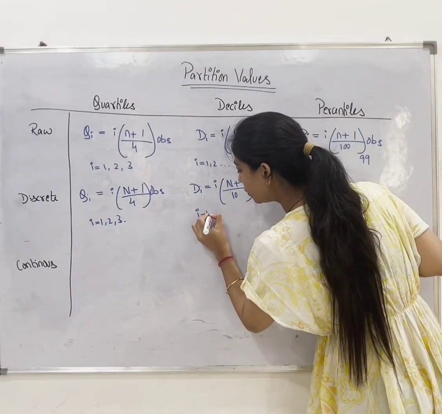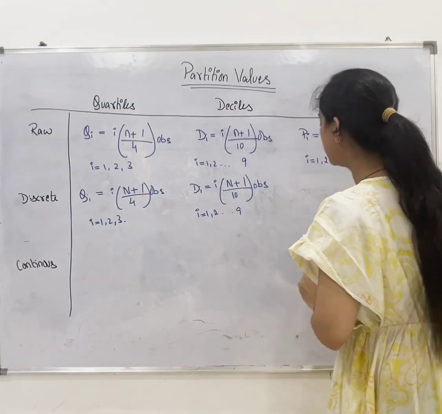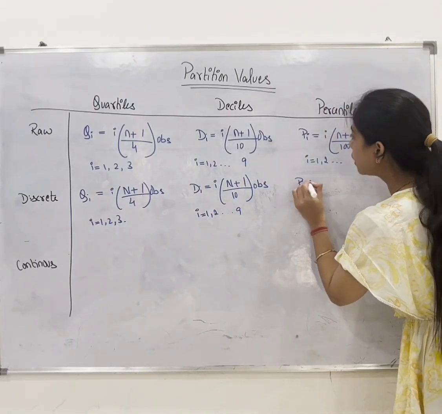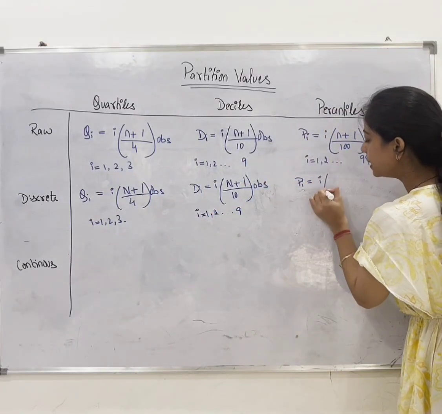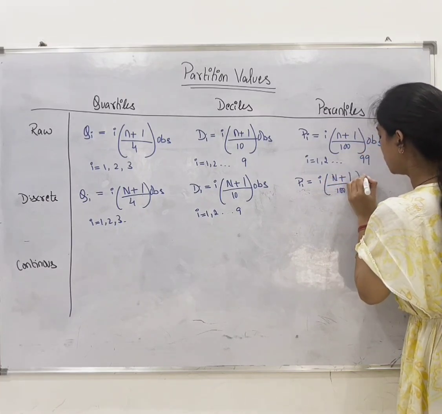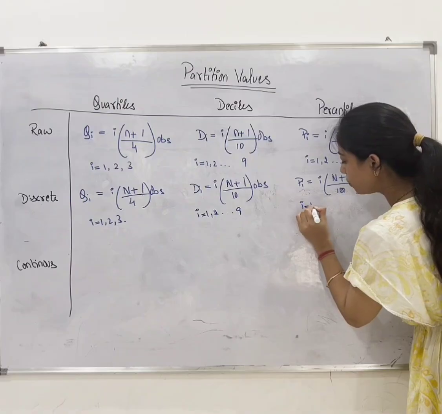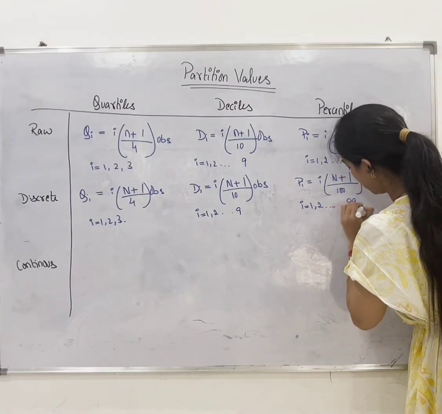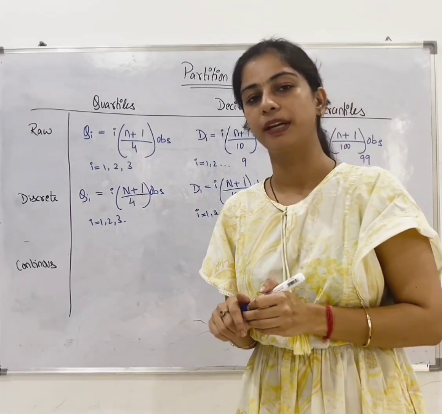Then i can take the values from 1 to 9. And the last one is percentiles, which is i(N+1)/100 observation. And i can take the values from 1 up to 99. So this is the formula based on discrete data.